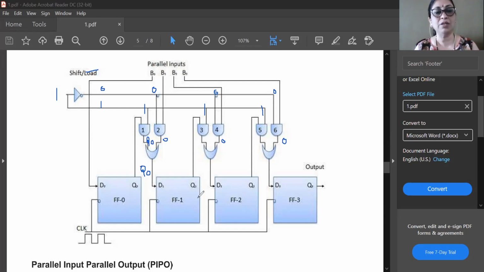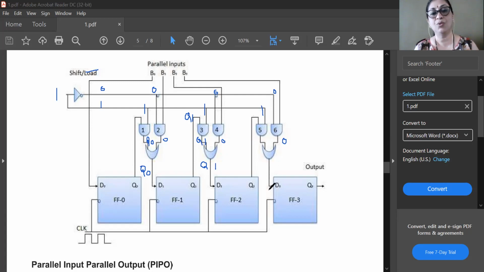Similarly, you can observe the Q1 output will be connected to D2, because one input of AND gate number 3 is 1, and the other input is Q1. So the output of AND gate number 3 is Q1, because 1 into Q1 is Q1, and now the inputs to the OR gate are 0 and Q1. So 0 plus Q1 is equal to Q1. So here you can see Q1 is connected to D2.